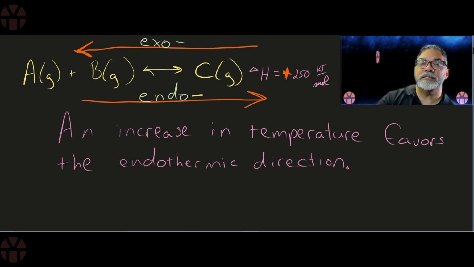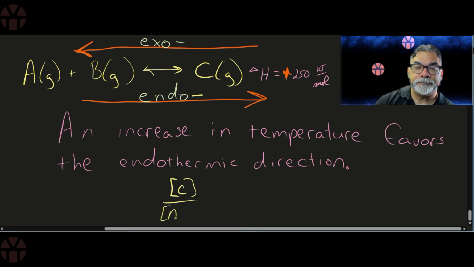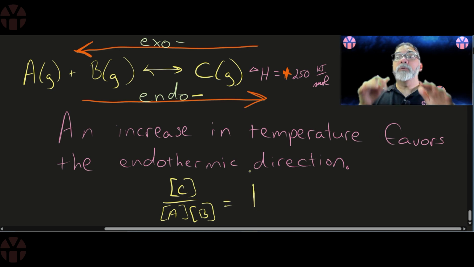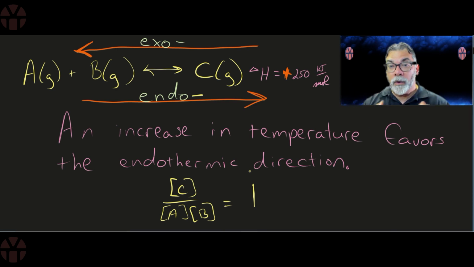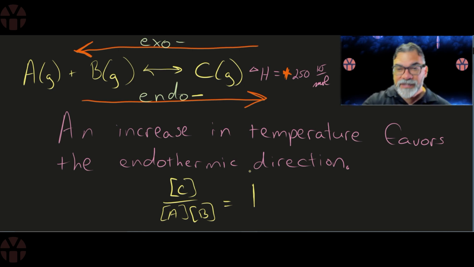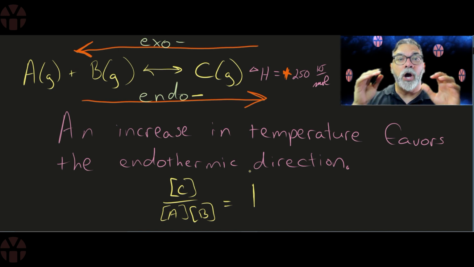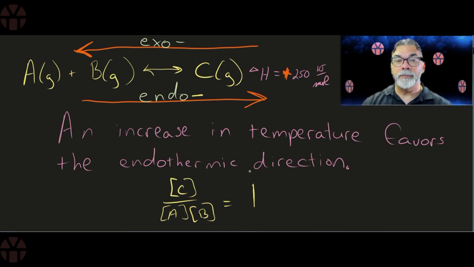Now, how is that different from anything I've said thus far? In all the other scenarios, when I did C over A times B and said the equilibrium constant was 1, the equilibrium constant never changed. We always had to make it back to 1. So when we talked about all my other equilibrium constants, the value for our example was always 1.